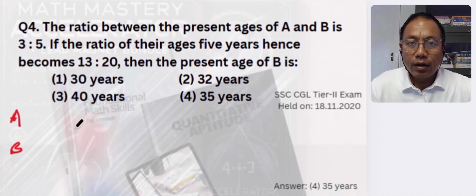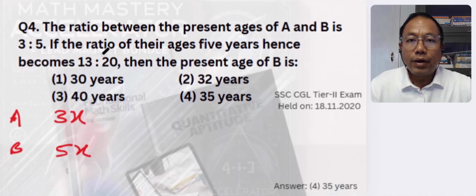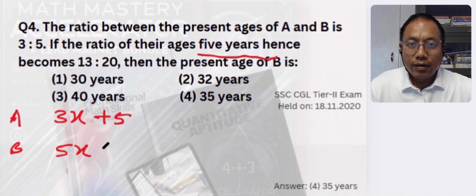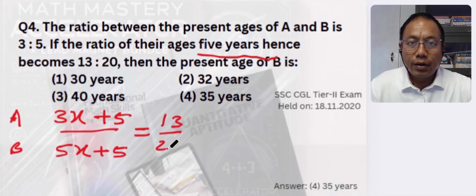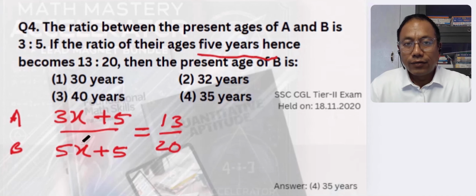A, B, that is 3x and 5x are the values of A and B. If the ratio of their ages 5 years hence, 5 years hence means plus 5, becomes 13:20, then the present age of B, we are asked to find, is 5x.